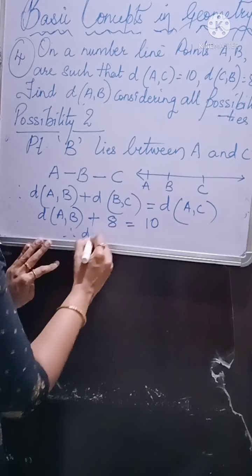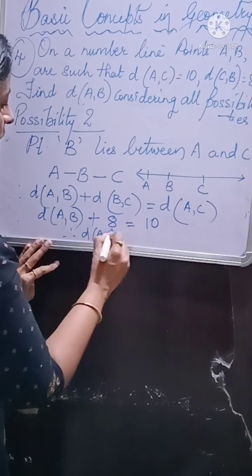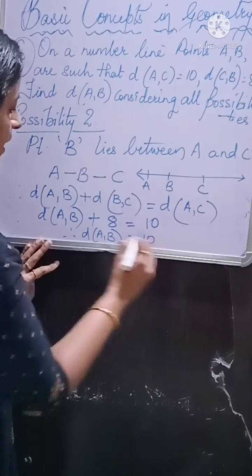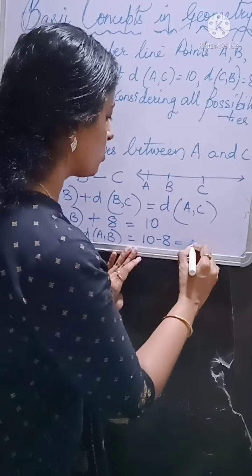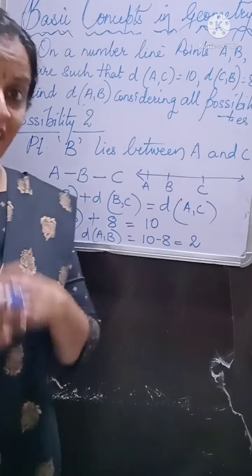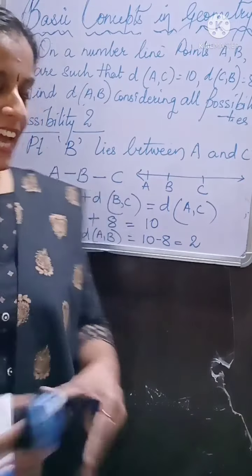So distance between A comma B is equal to 10 minus 8, and that is 2.